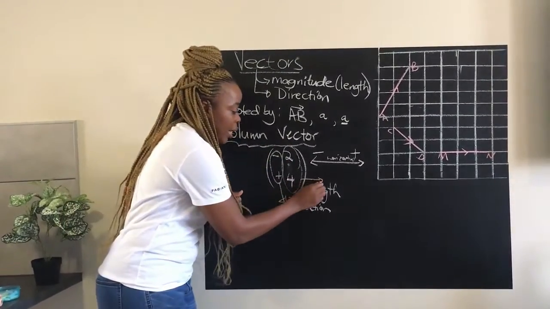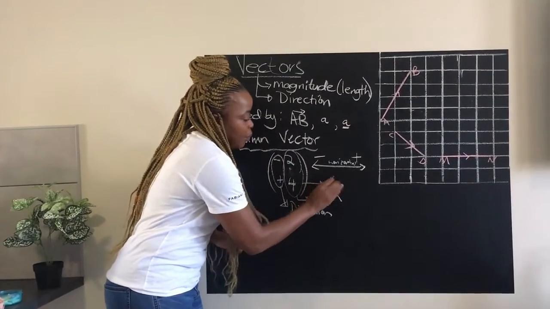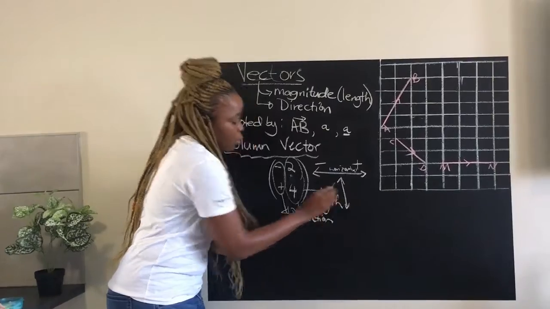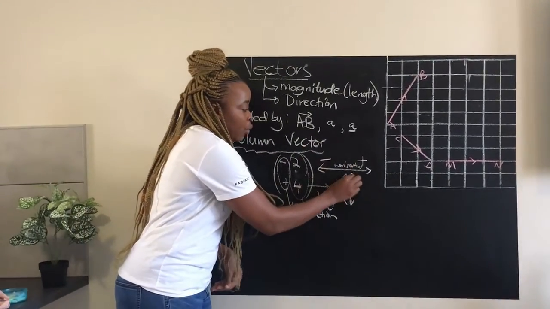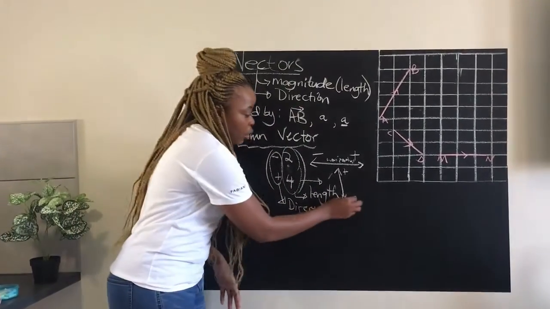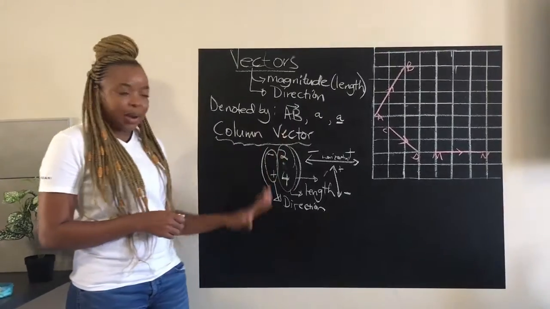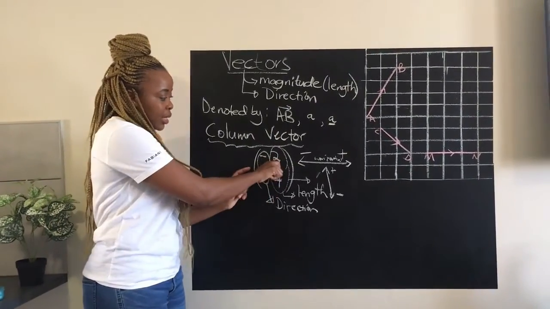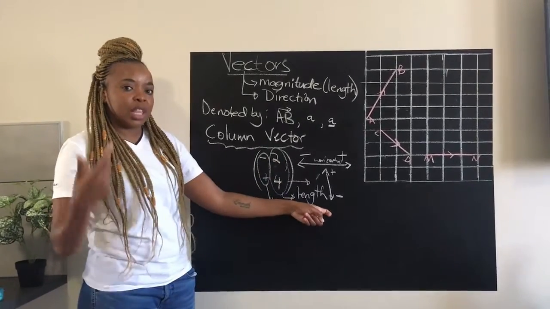The bottom number in your column vector represents the up and down movement, or the vertical movement. If you go up, you are going to have a positive value. If you went down, you have a negative value. So to summarize, these numbers represent the length, the movement that was made.